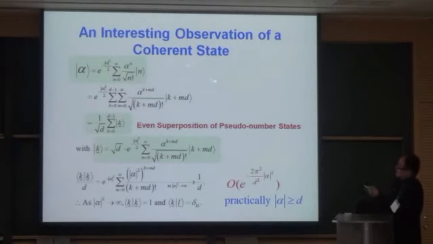An interesting observation of a coherent state. Actually, this is a laser beam. When the laser comes out, laser light is described in this manner. Here, n is the photon number.